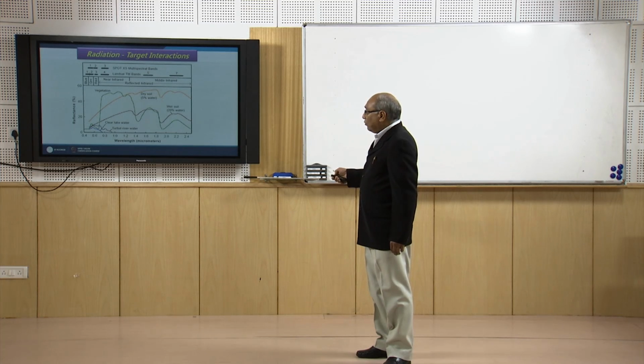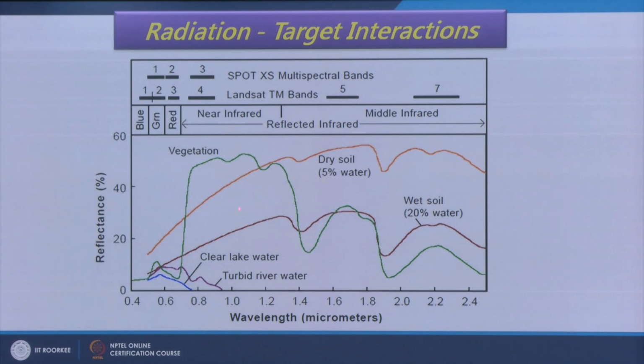Similarly, in the case of wet soil or dry soil, depending on the content of water, they may show completely different reflection curves. As we can see here, dry soil will always have more reflection as compared to wet, and there are some portions where you have the maximum difference.